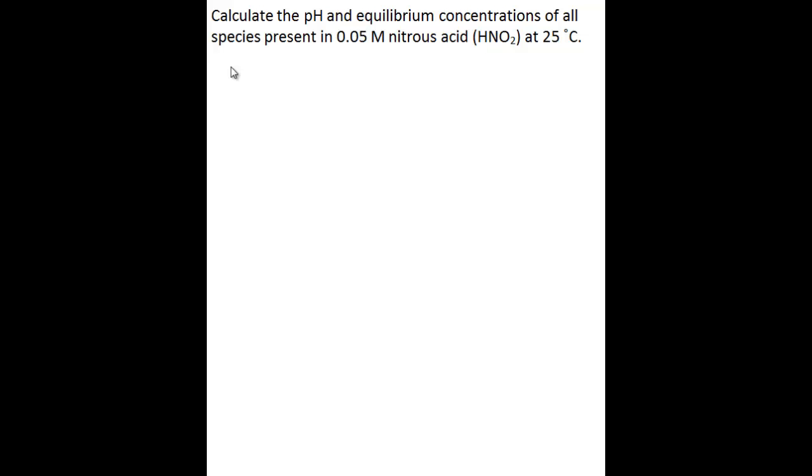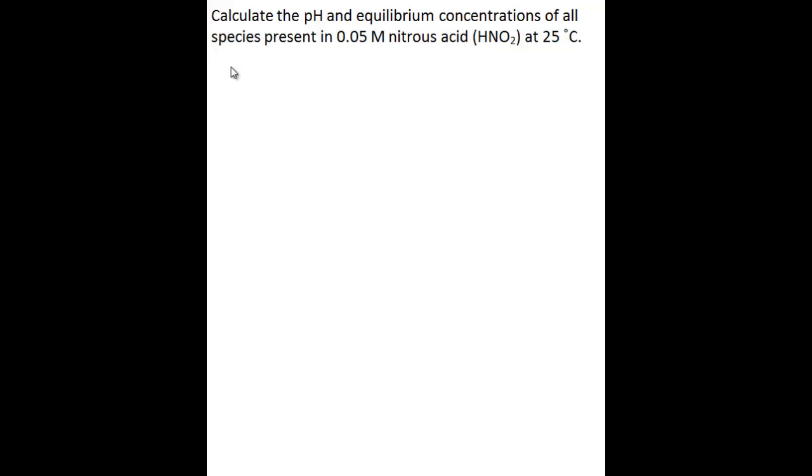The problem is: calculate the pH and equilibrium concentrations of all species present in a 0.05 molar nitrous acid solution at 25 degrees Celsius. The first thing you want to do for this type of problem is to determine the species that are present initially and their acid-base properties.